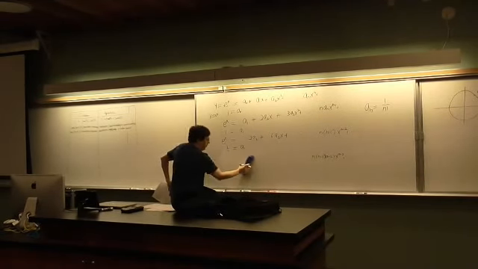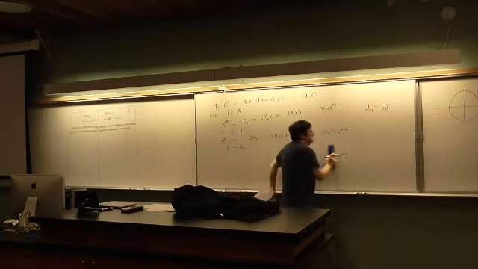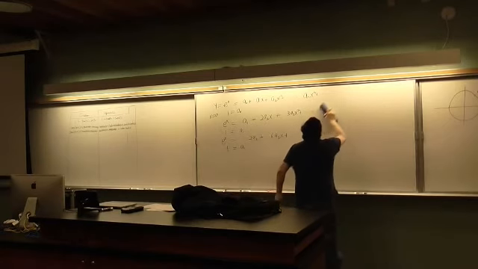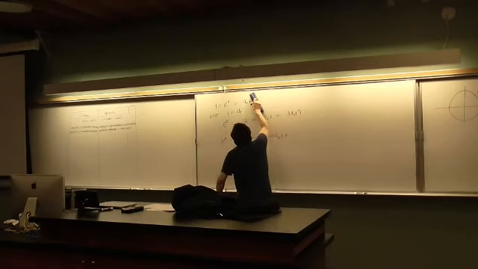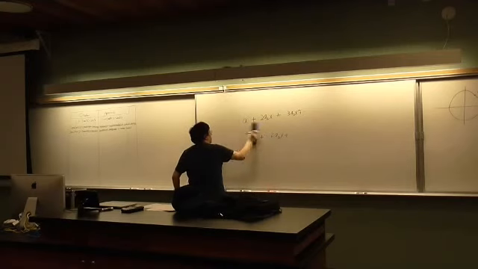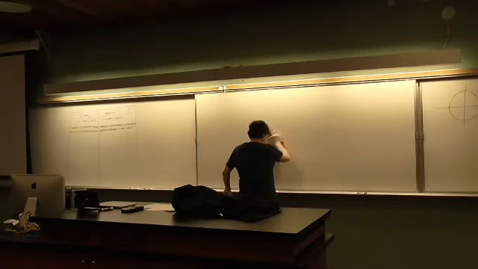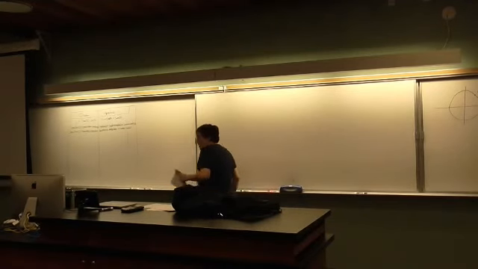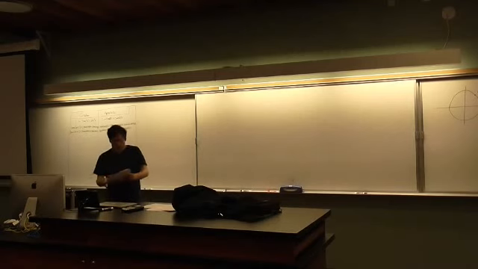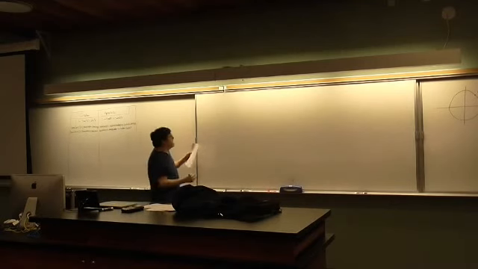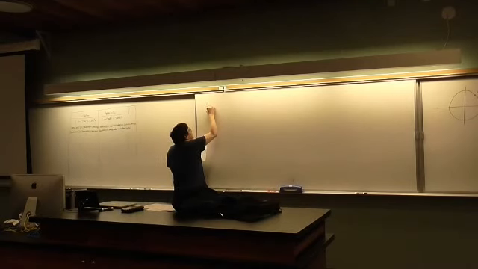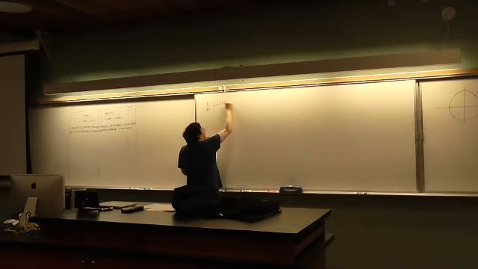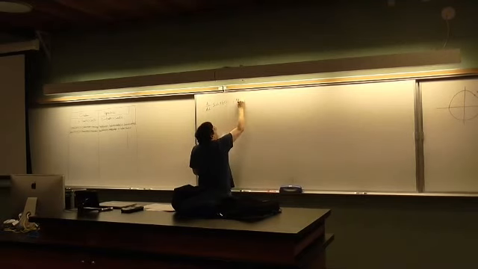But of course, this is a calculus class. We should at least pay a little deference to calculus here for a minute. This we have seen before. The derivative of the hyperbolic sine is the hyperbolic cosine.